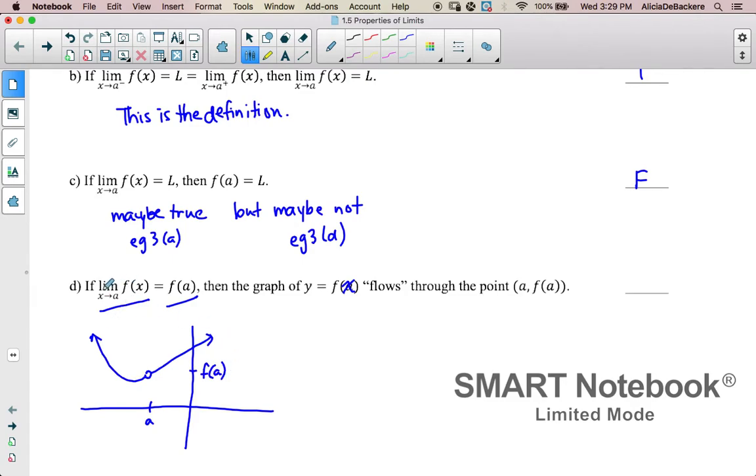So they're saying if the limit, as x approaches the value of a, is going to be equal to this number f at a. Well, if they're saying that's also the value of the function, that means I can actually color in that circle, right? And so again, if I were to trace this function, I would flow through that point. So this is true.